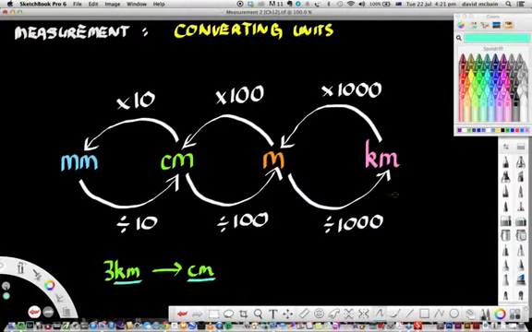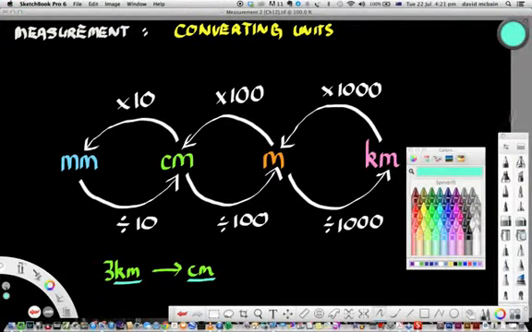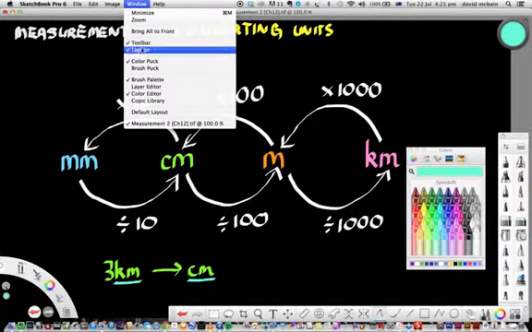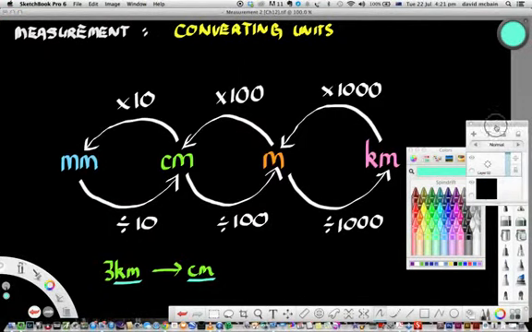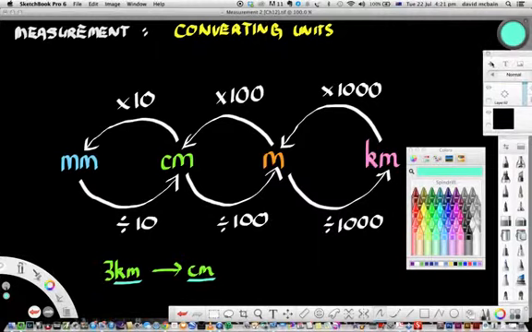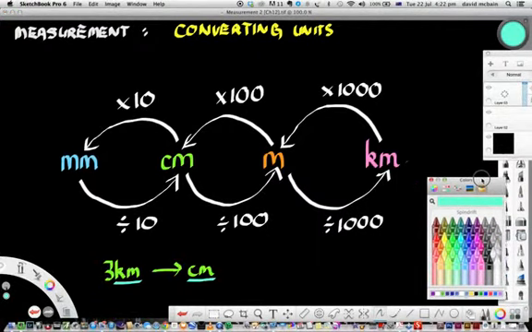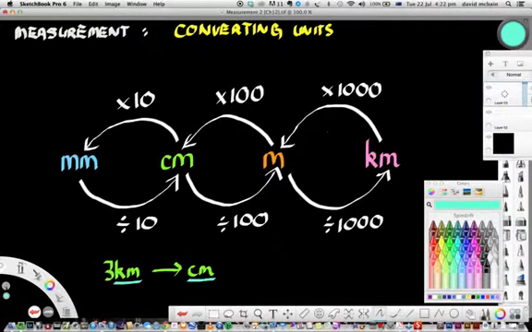So let's have a look at our diagram here. So we want to convert kilometers to centimeters. We're starting here at kilometers, and we want to go to centimeters. So let's circle the centimeters.